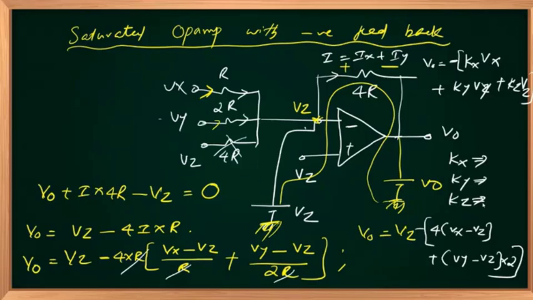Right, so minus 7 will be the answer. Okay, 4, 2, minus 7, or minus 2, minus 4, 7, no problem.